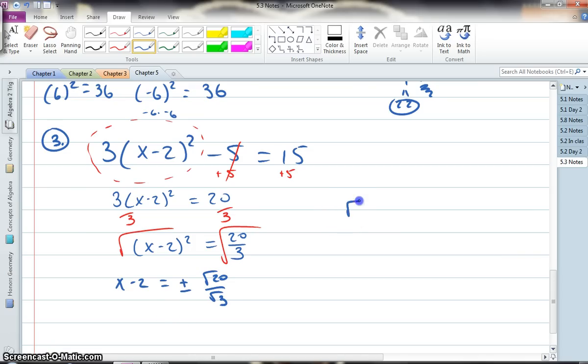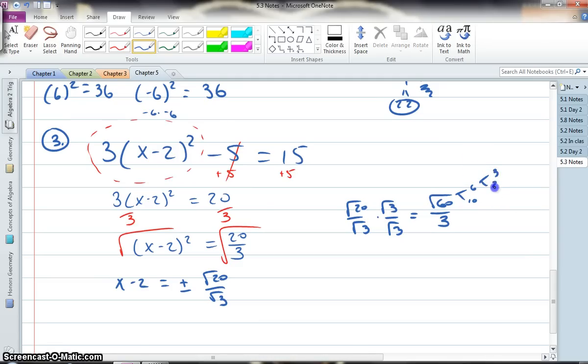Now, I'm not allowed to have a square root in the denominator, so I need to rationalize. So I get 20 times 3 is the square root of 60 over 3. And we need to break down the 60, which I think we did up above, so if you remember the answer, you can just use it. If you did it, I'm going to run through the steps real quick. Oh, I can't read this, too small.